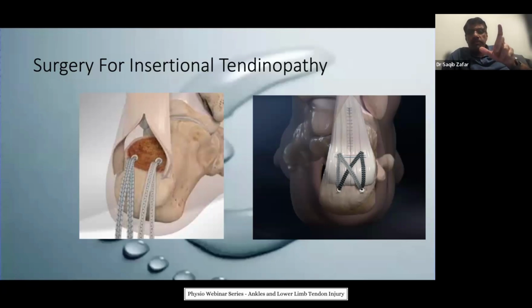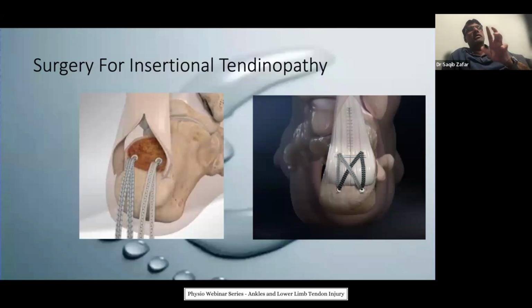So if the wound breaks down or infection happens, then it can have catastrophic outcomes, which can cause osteomyelitis in the calcaneum, and a very worst case scenario could even lead to severe infection and may lead to even amputation. These are real, although very rare, catastrophic risks. So you have to, again, rationalize and individualize your approach to a patient, whether they are a candidate for surgery or not.